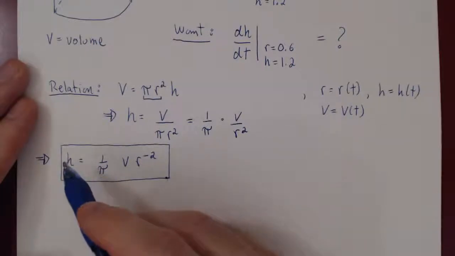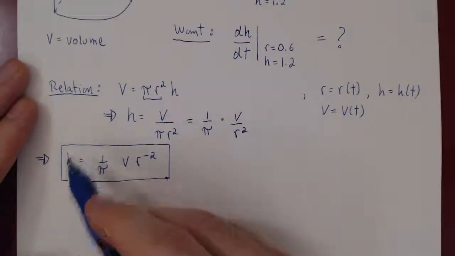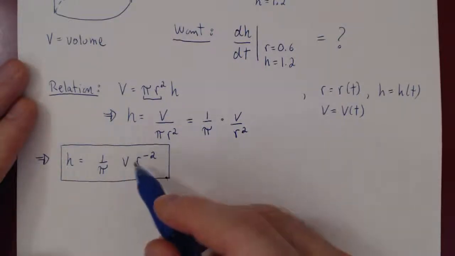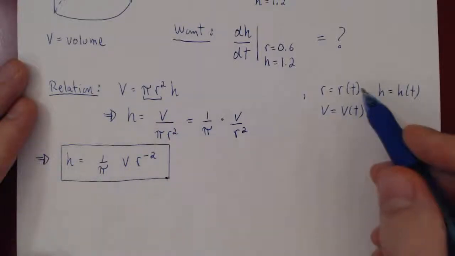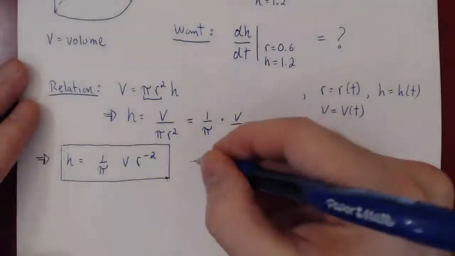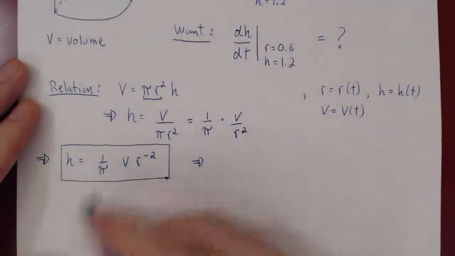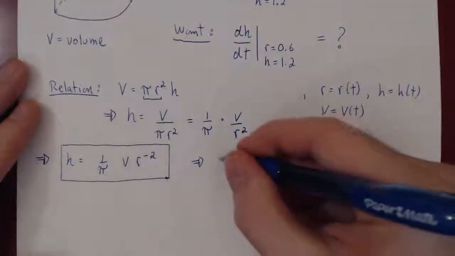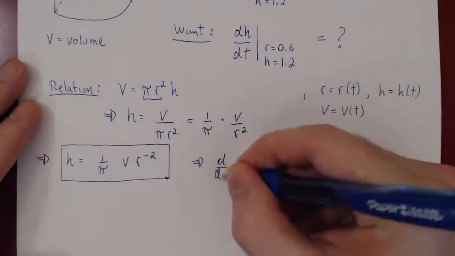Okay, so because h is a function of t, this is a function of t. Because v and r are two functions of t also, the right-hand side is a function of t. Well, both sides are equal as functions of t, therefore they have the same derivative with respect to t.